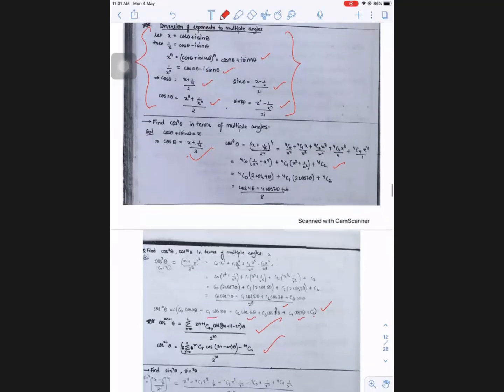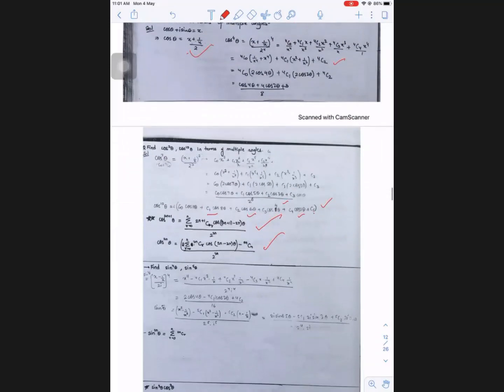Same thing for the cos 4 theta result. If you observe the cos power 7 theta formula, it is exactly equal to 7C0 cos 7 theta plus 7C1 cos 5 theta plus 7C2 cos 3 theta plus 7C3 cos theta, by 2 power 6.